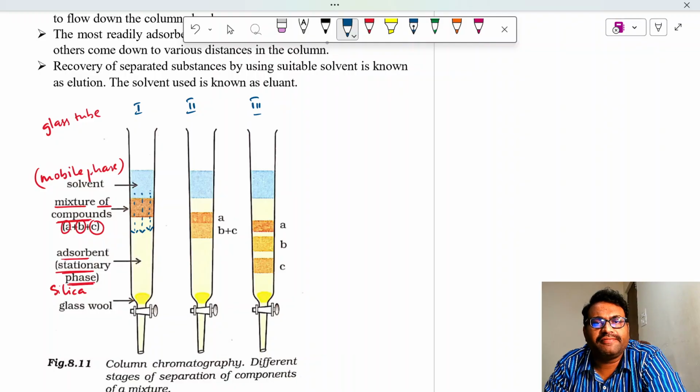As the solvent keeps moving down over the stationary phase, along with the solvent B and C also move. Now see in the third diagram, A, B, C all are separated. This is based on the principle of adsorption.